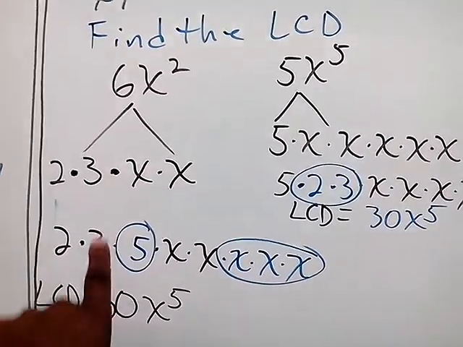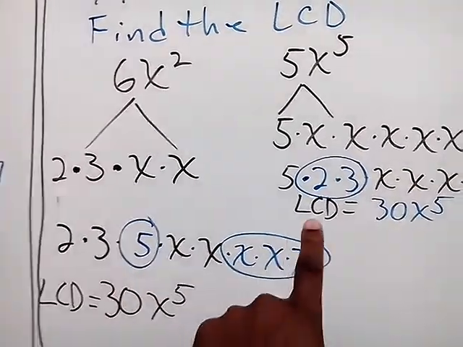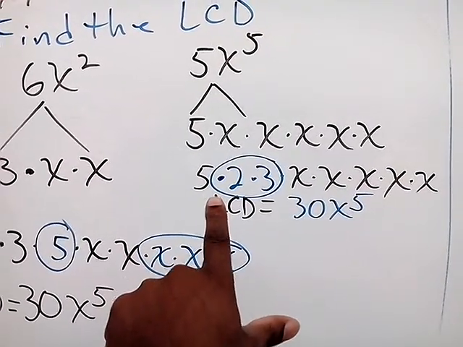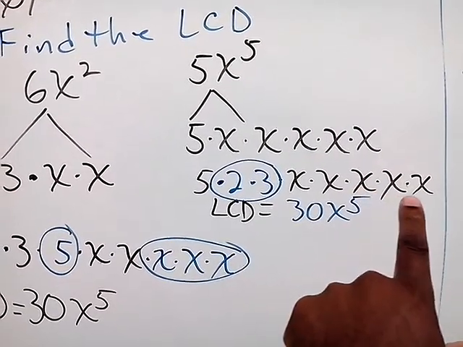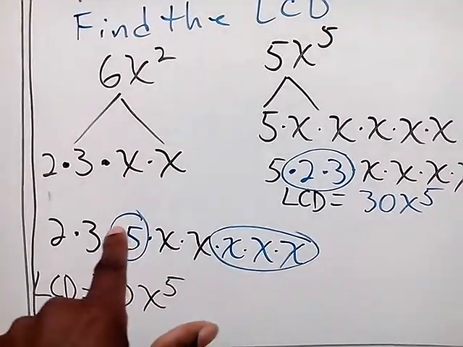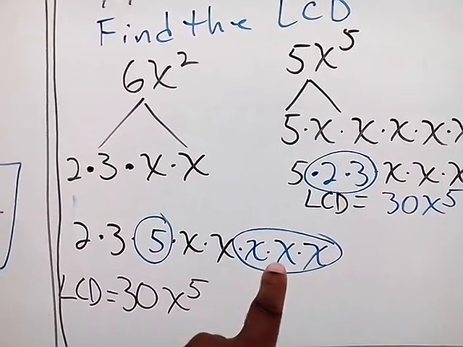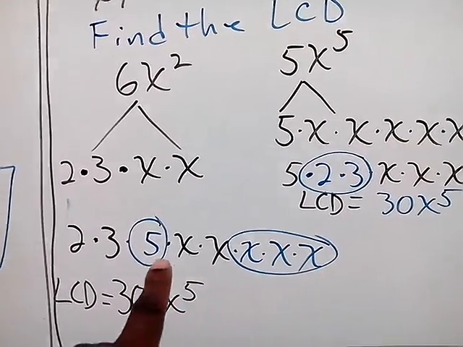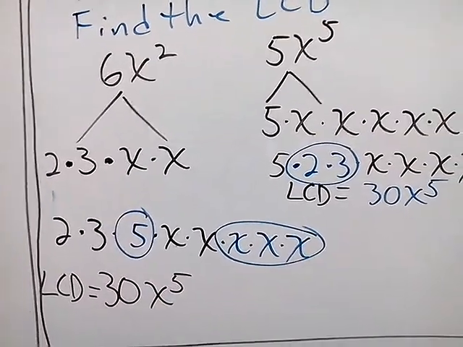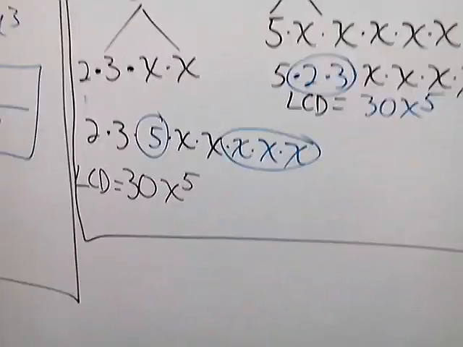So in our first denominator, 6x squared, we don't have the 5 and then the extra x times x times x. So we already have x times x, but we're missing x to the third power as a factor there, and the 5. So we multiply that to get our LCD of 30x to the fifth power.